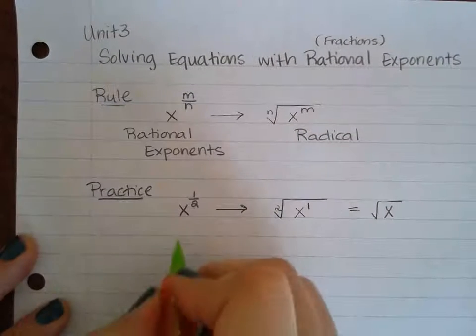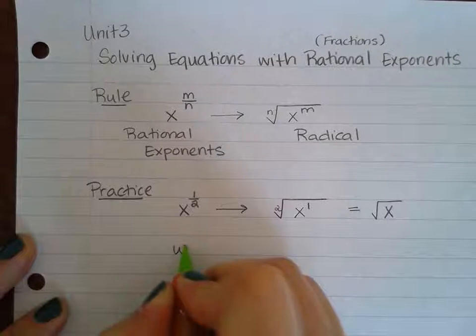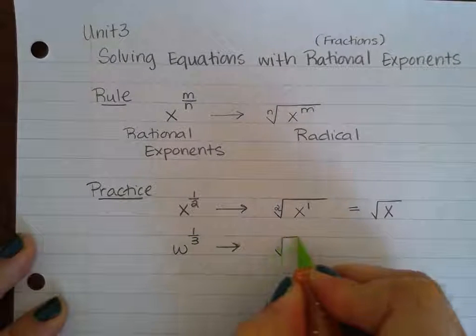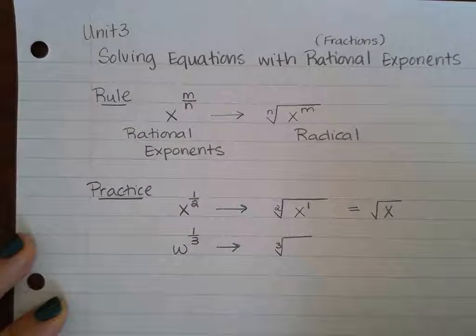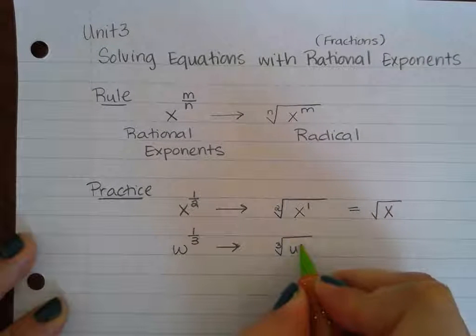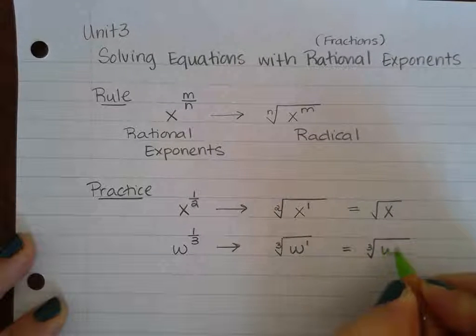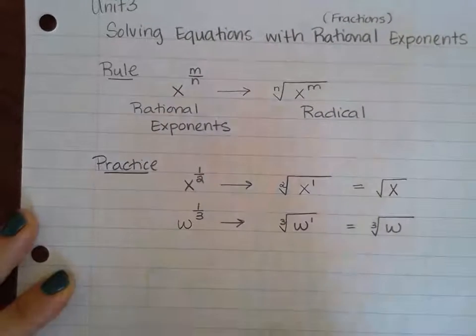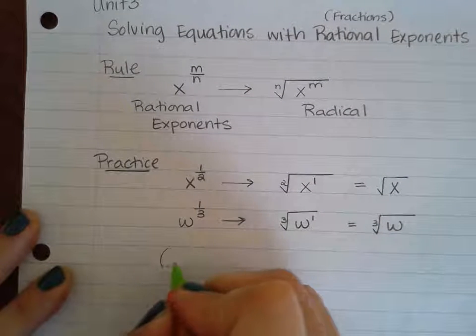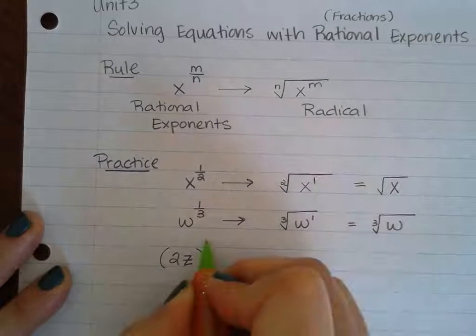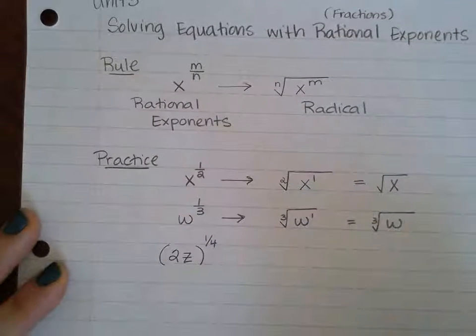Okay? How about another one? Let's say you have w to the 1/3 power. That's going to be a 3 as the index, and then w to the first power. So this is the same as the cube root of w. Let's say we had more than one thing. Let's say we had 2z raised to the 1/4 power.